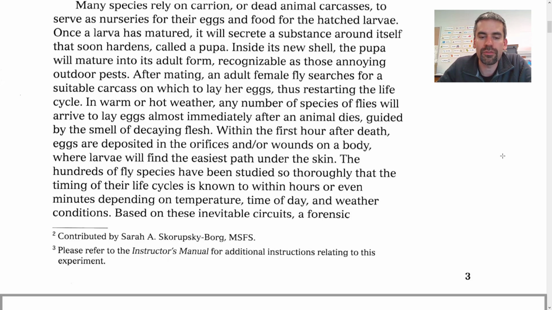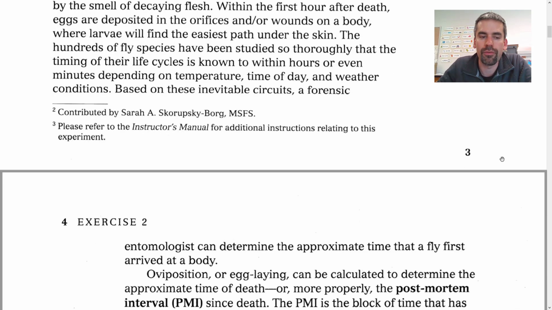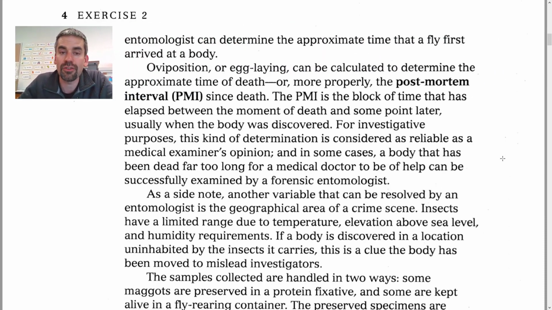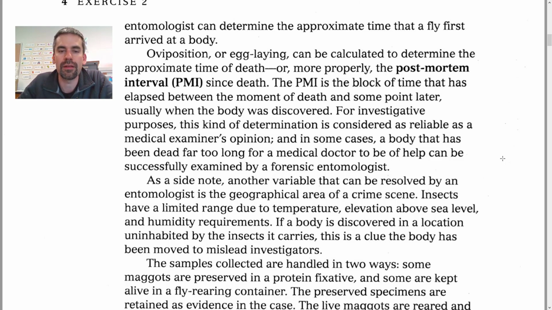Based on these life cycles, a forensic entomologist can determine the approximate time that a fly first arrived at the body. Oviposition, or egg laying, can be calculated to determine the approximate time of death, or more properly, the post-mortem interval since death. So the time it's been since the person died or the animal died.